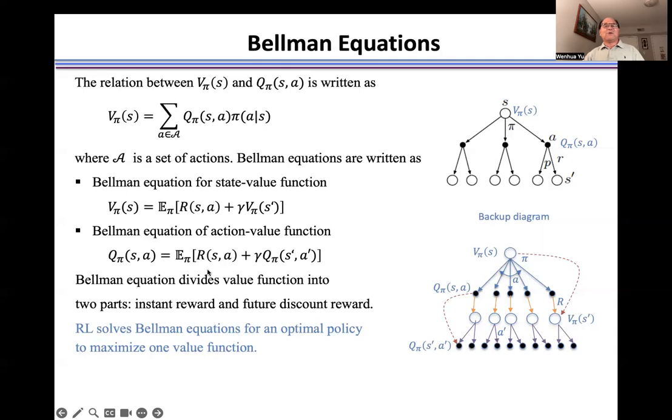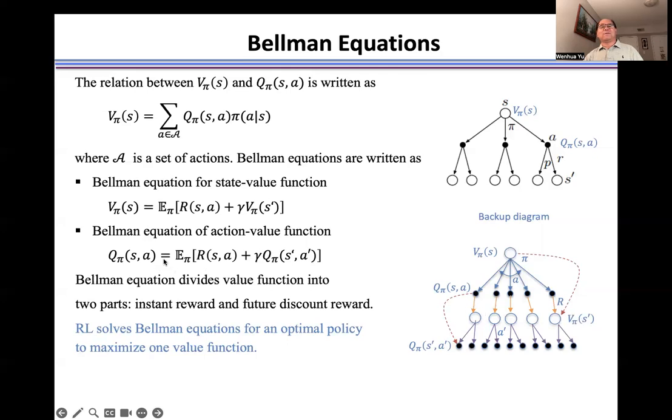For AI, right now we use a deep neural network to solve reinforcement learning and solve for the optimal policy. And here, this is just to show that if we solve the Bellman equation for the state value function, that means we go from this state through this Q function, to reach the next state.